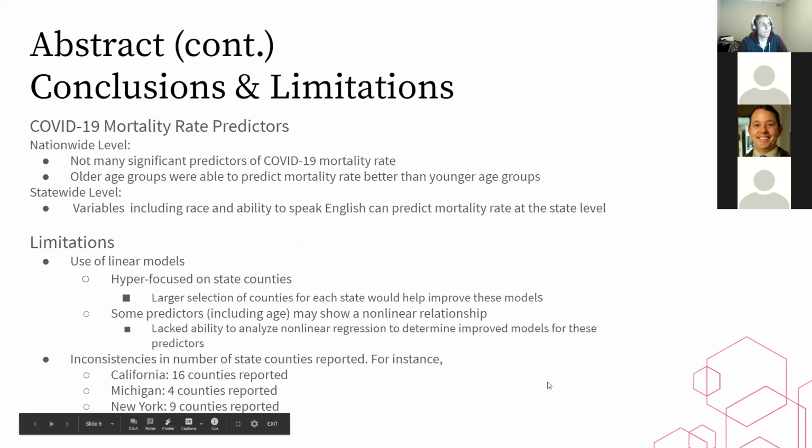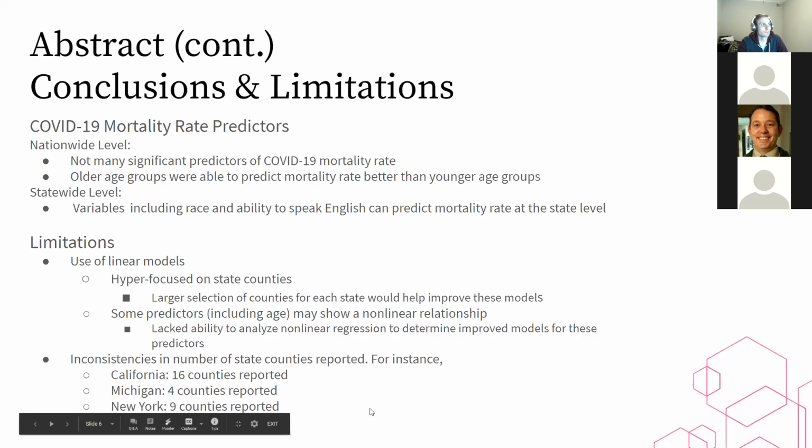For this project, we primarily focused on regression analysis. We stuck with linear models. There was some data that did appear to have some non-linear relationships that we didn't particularly explore. So, those are some of our limitations.